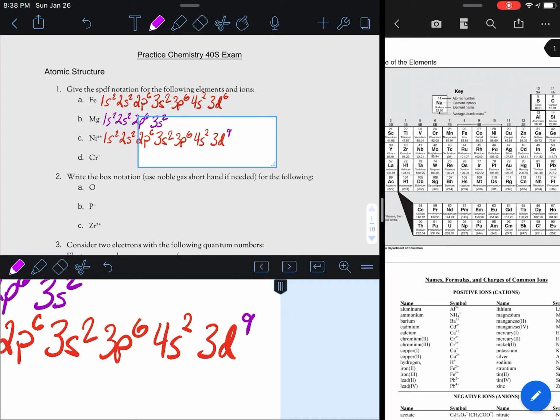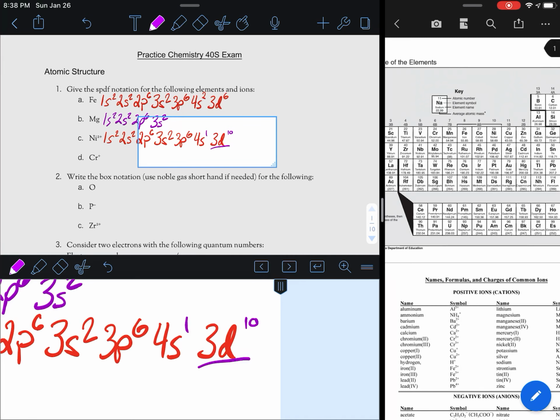That makes 9. Now, if this was normal nickel, I would say, whoa, wait a second. I got a 3d9. That means I'm 1 electron short of a full d orbital. So energetically, it would be much better to borrow 1 electron from the 4s into the smaller but less energetically stable 3d orbital.